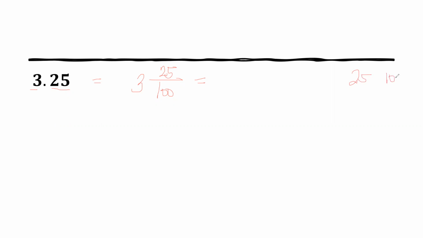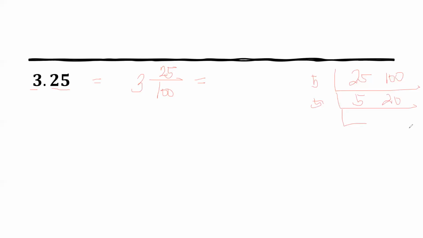Ano makapag-divide sa 25 at 100? 5 po. So that's 25 divided by 5, 5. 100 divided by 5 is 20. Meron pa ba makapag-divide sa 5 at 20? 5 po. 5 ulit.